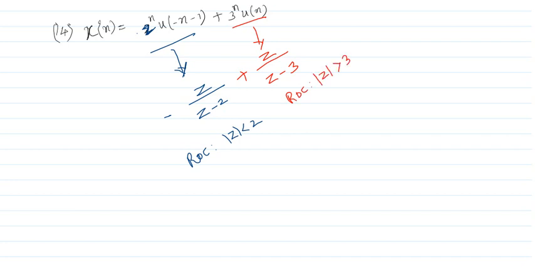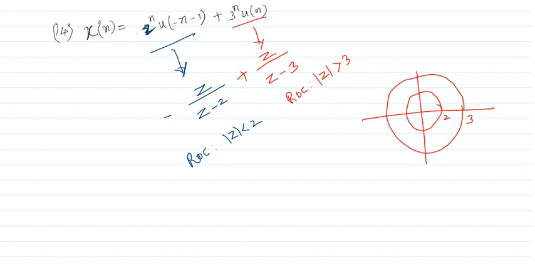If you plot it, this is a radius 2 circle and this is a radius 3 circle. Two circles are there. What does the first condition say? It says it is inside the circle.